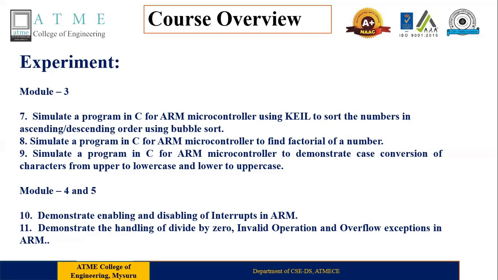Coming to the last two programs from Modules 4 and 5, demonstrate enabling and disabling the interrupts in the ARM controller, and demonstrate the handling of divide by zero, invalid operation and overflow exceptions in ARM. All the programs are simulation based.